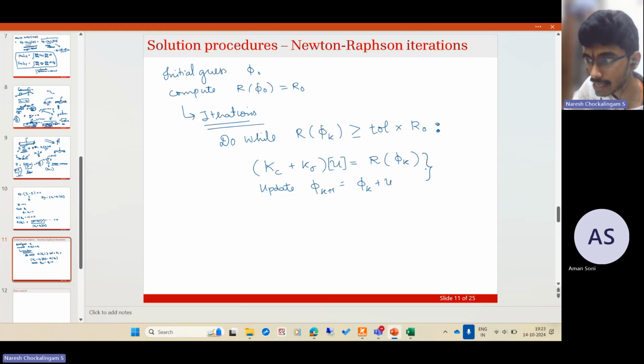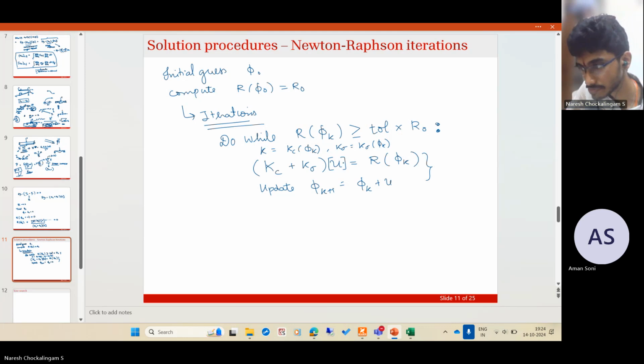In these two steps, the first step is always to find K as Kc plus K sigma, where Kc and K sigma are of the current configuration, and use those two in computing the tangent stiffness K. Then solve this linear equation, the linearized virtual work expression, to get the incremental displacement.